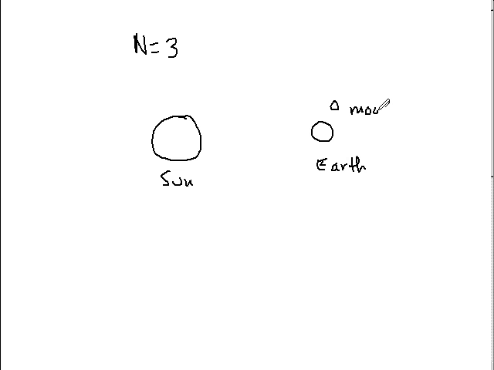Okay, so if I have n equals 3, we now get to be very much more complicated. So n equals 3, suppose you have the sun, and then you have the earth, and then suppose you have the moon over here. So this rotates that, and then as a whole, this rotates the sun. So the question is can you solve the equations of motion?